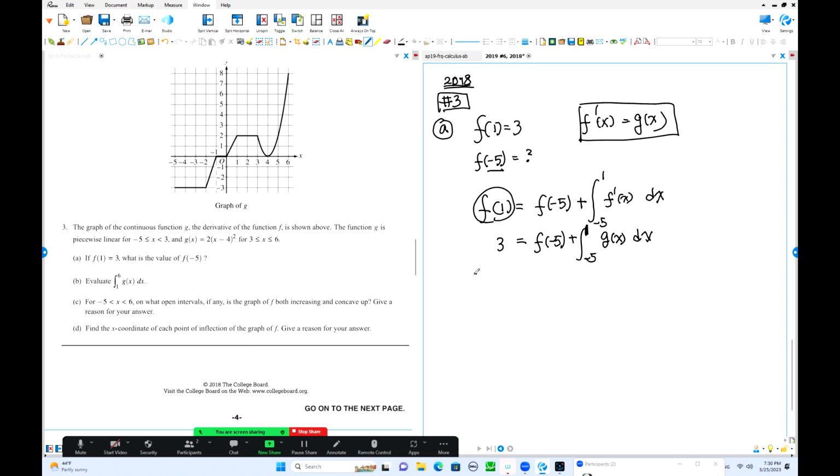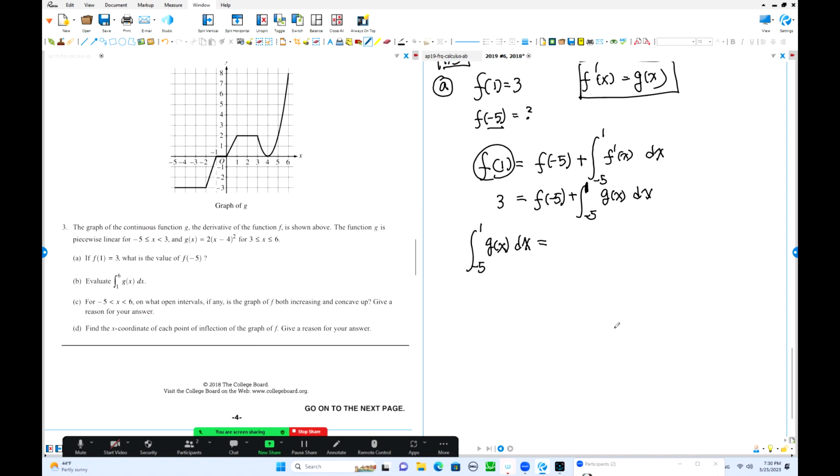So we're going to find the integral of g of x dx from negative 5 to 1. The integral is the area under the curve, from negative 5 to only 1. We have negative 5 over here, and the graph goes this way up to 1 over here.